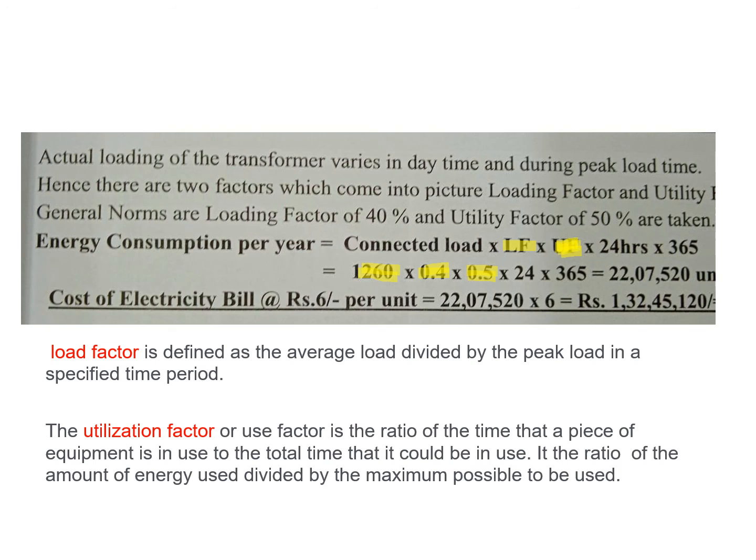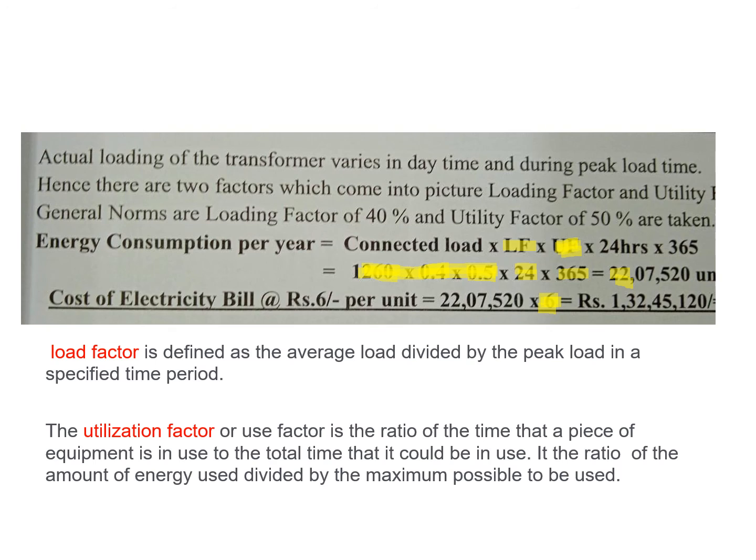And if you look at that, that is the kind of load per hour. So 1260 into 0.4 into 0.5 is the load per hour, multiplied with 24, that is load per day, multiplied with 365, load per year. So we are looking at about 22 lakh units of consumption per year. So 22 lakhs, when you multiply it by the rate of electricity which is charged by the government, which is different at different places, 6 rupees to 8 rupees, I think 8 rupees is pretty common now.